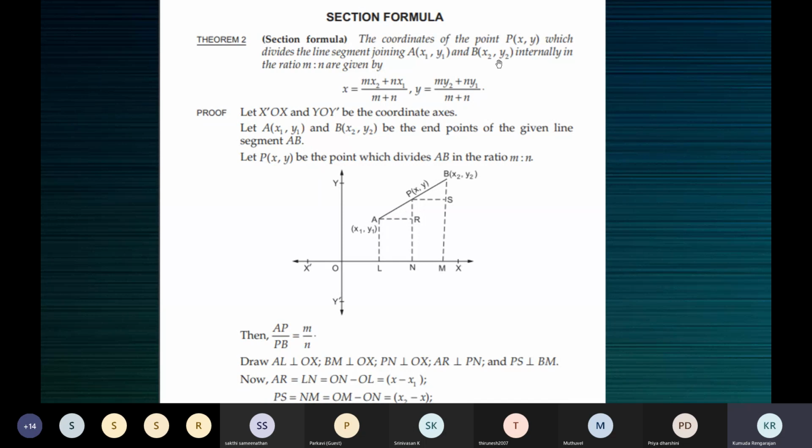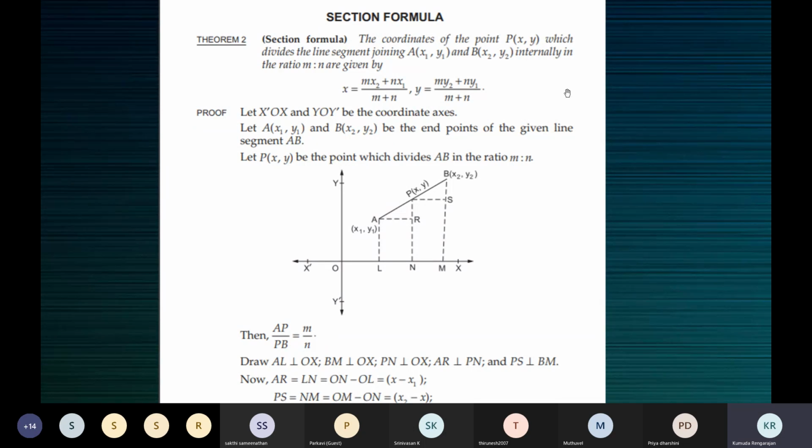So I'll just tell you, since we came across this word internally, let me tell you what externally is. This is AB. When you produce a line segment AB, say to a point C, and if P lies on AB produced, that means P divides AB externally in the ratio AP is to BP. Now don't worry if you didn't understand.